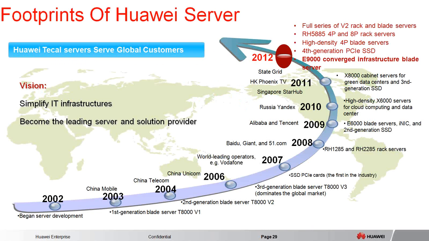It got lots of great reviews from analysts as well as our competitors. They were very impressed by the architecture. It is a true converged infrastructure that I will touch on in a future slide. We have our top of the rack servers as well as the blade servers that I will talk to you about.